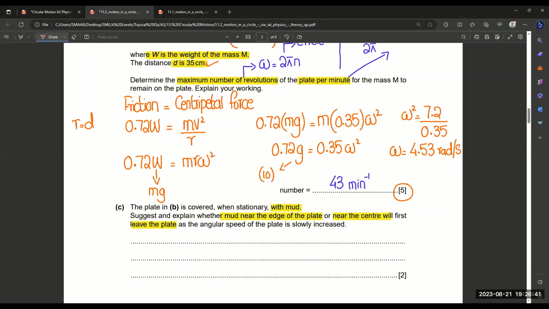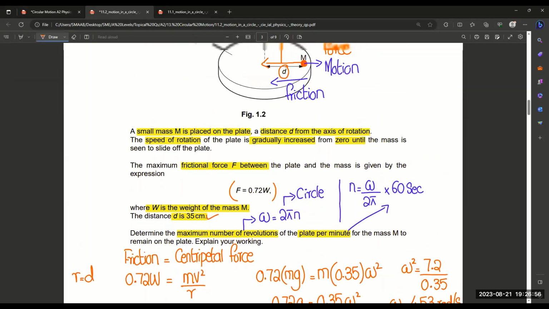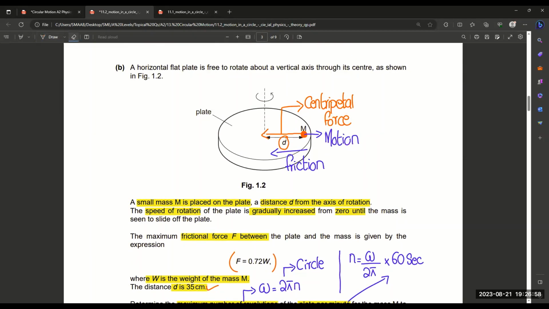So what we need to write: at the center it will leave first or at the edge it will leave first? If we consider a point close to the center, you can see at this point your radius is very small, right?